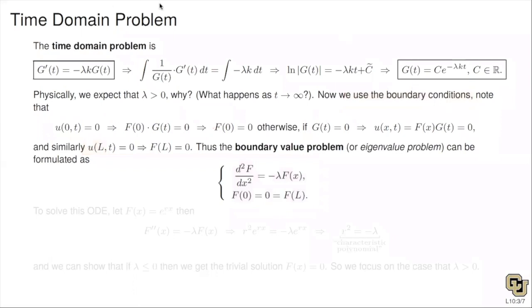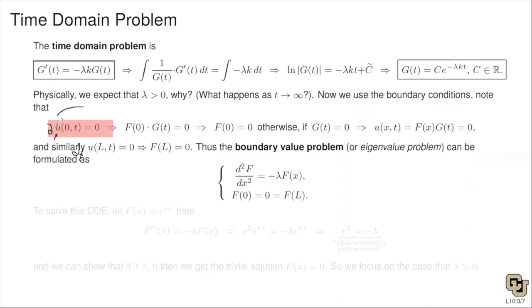The other thing to think about is, what if instead of this boundary condition, we had a Neumann type? Suppose we said there's U prime, where the prime is with respect to X. So let me do it as a partial. We said partial with respect to X of U at the left end is 0, and partial with respect to X of U at the right end is 0.